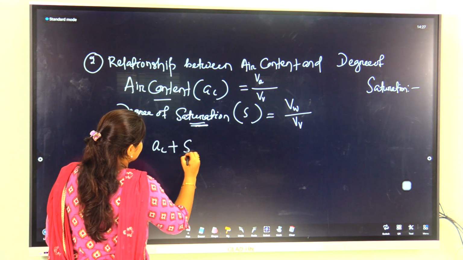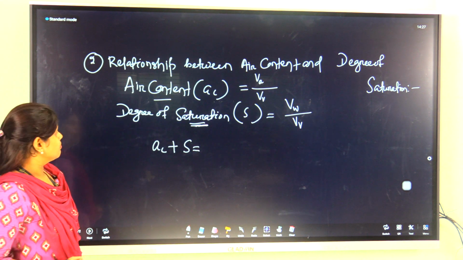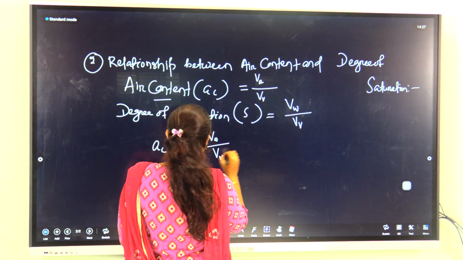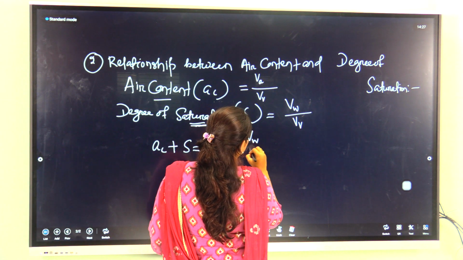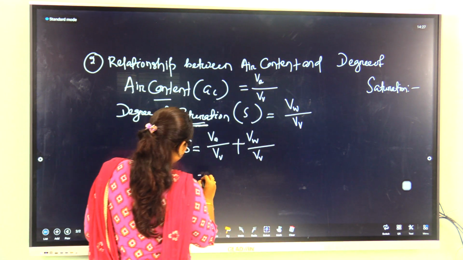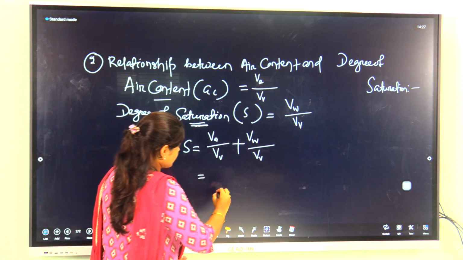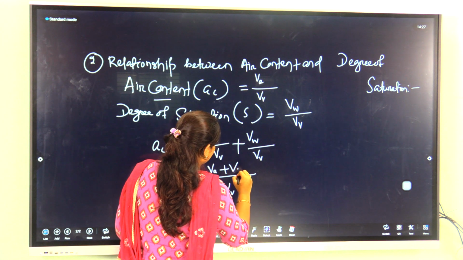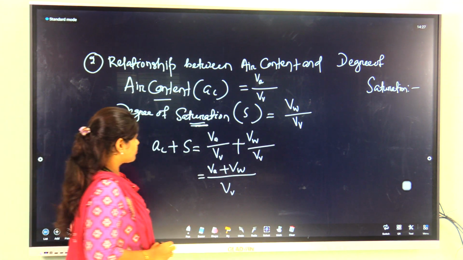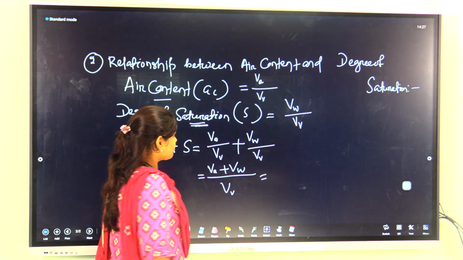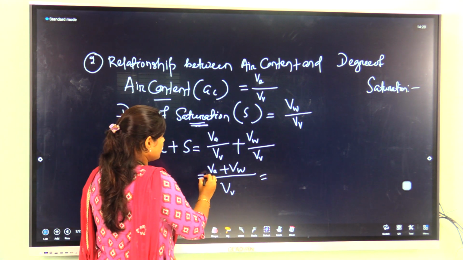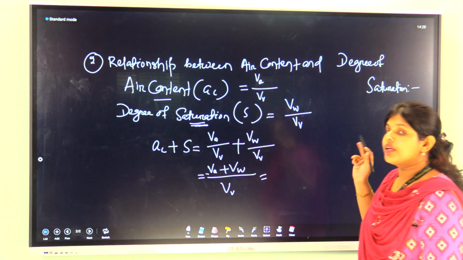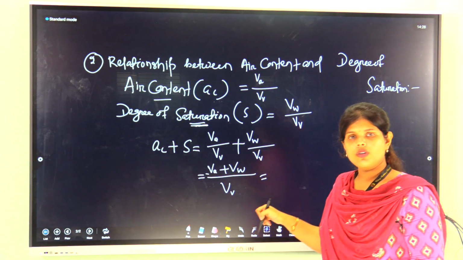So, AC plus S equals Va upon Vv plus Vw by Vv. Here Va is your volume of air, Vw is your volume of water. From the three phase diagram we know those things.